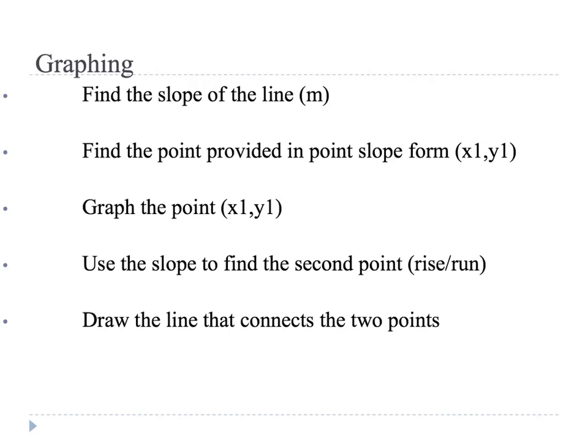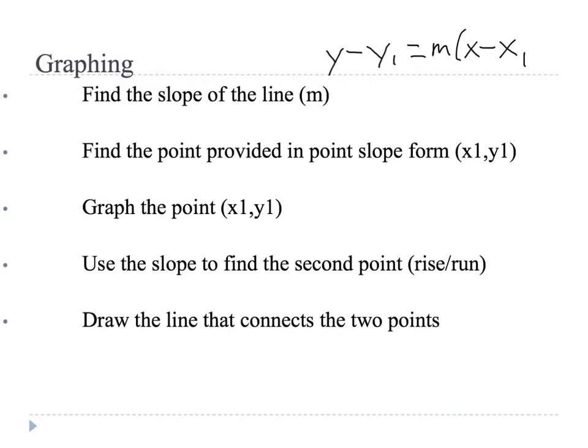First step, we're going to find the slope of the line. And again, it's y minus y1 is equal to m times x minus x1. So our slope should be easy. We just find what's replacing the m.